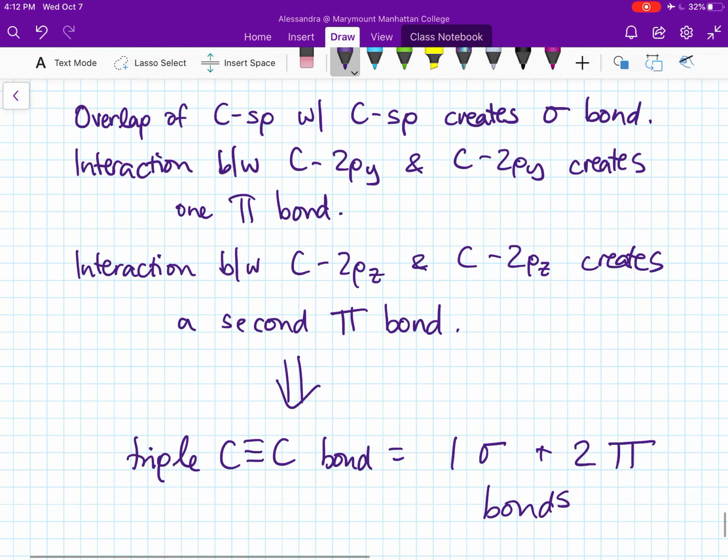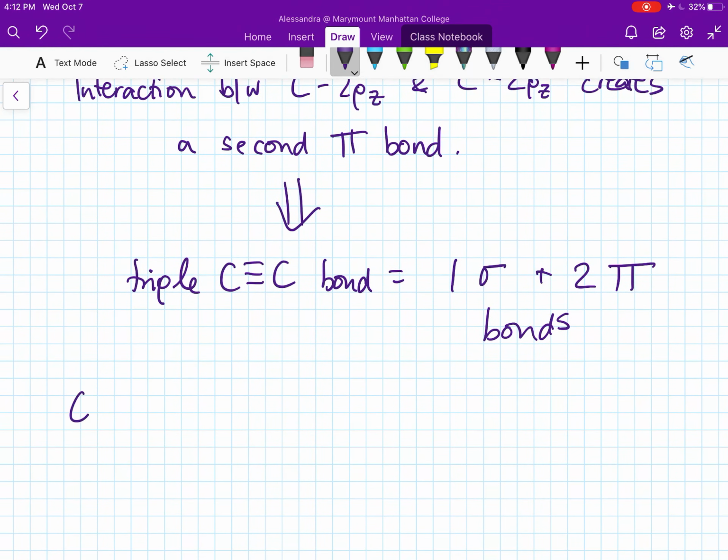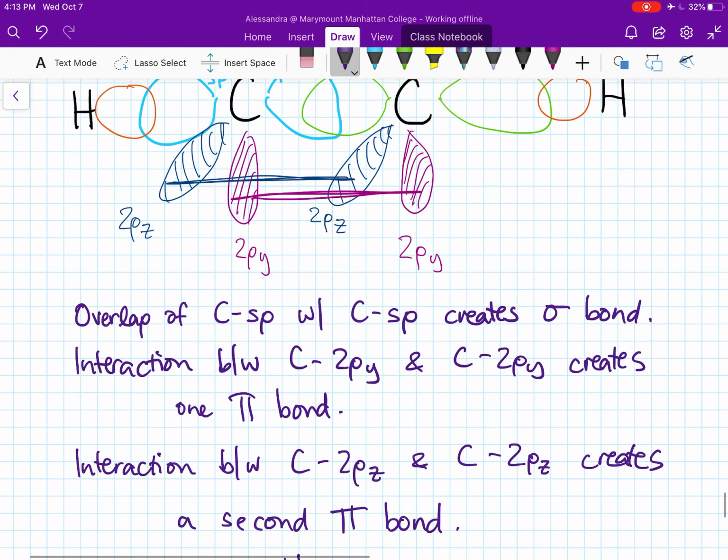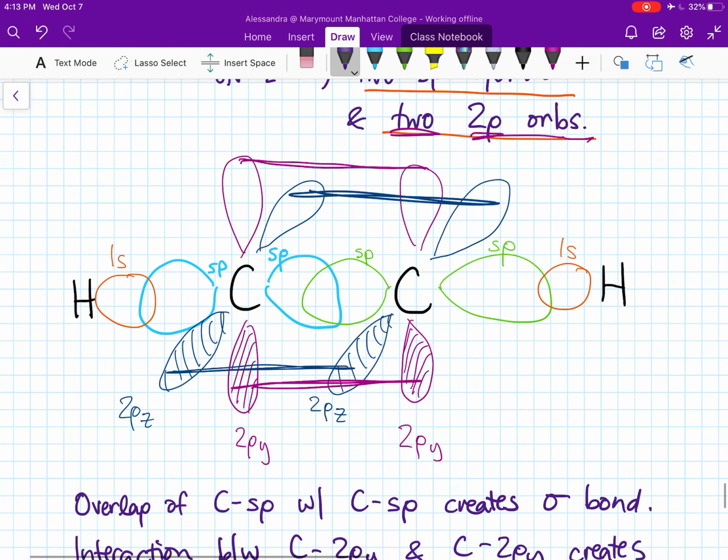The other thing, just to be really complete, is that the overlap of the carbon sp orbital with the hydrogen 1s orbital creates each carbon-hydrogen sigma bond. So there we have a full description of the bonding in acetylene using the localized electron model, in both words and pictures.